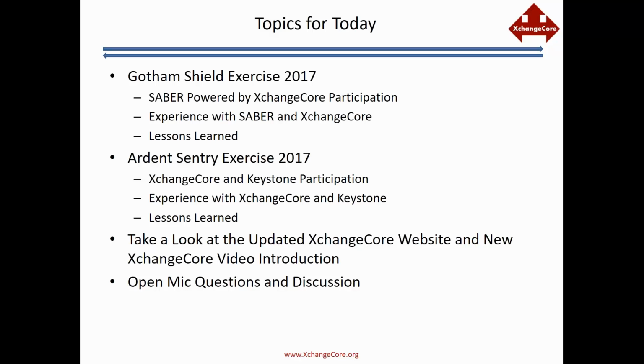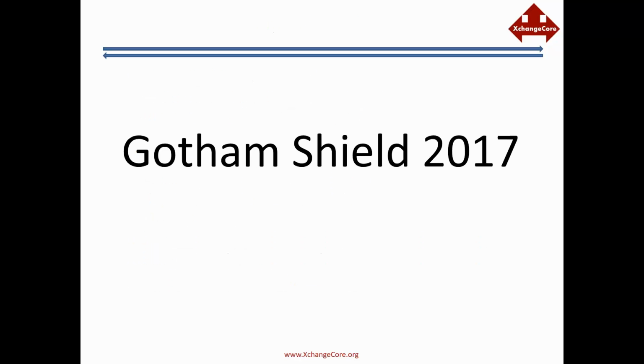This enables a military-civilian exchange to take place, so a slightly different approach. In both cases, it's using XchangeCore to bridge previous gaps between the public and the private sector, between military and civilian operations. We'll take a quick look at the updated website and open it up to questions.